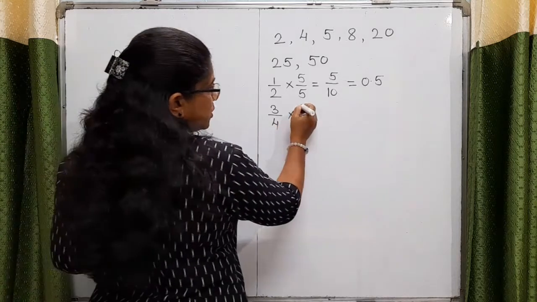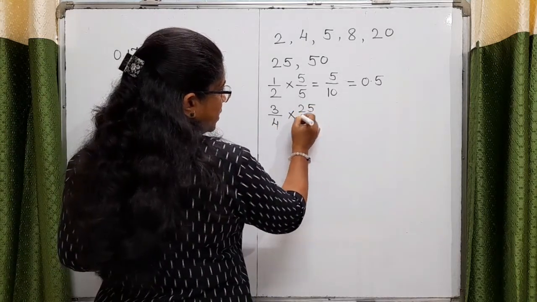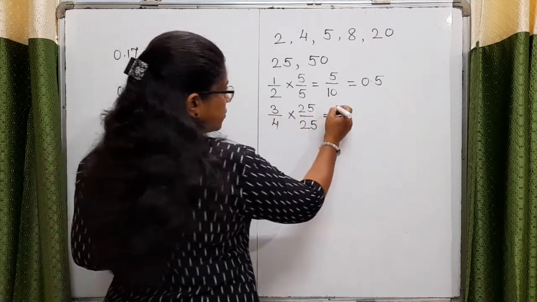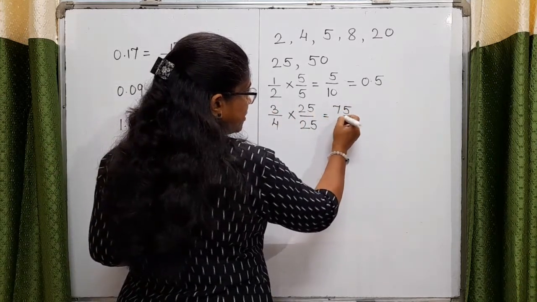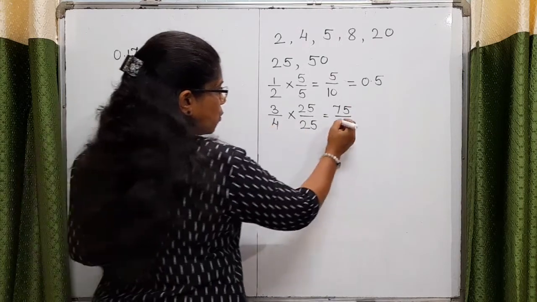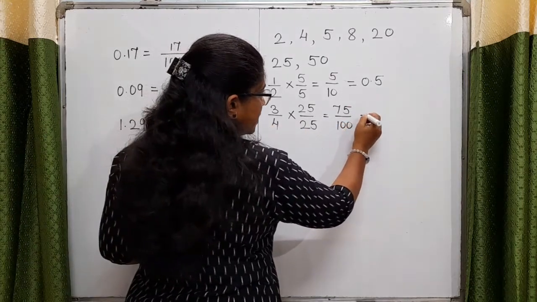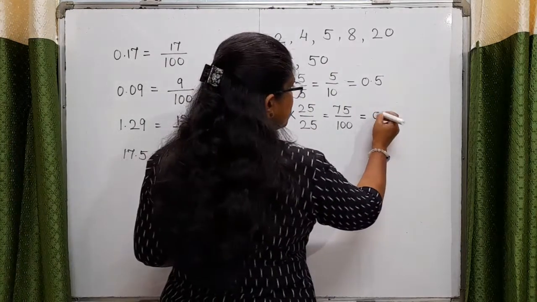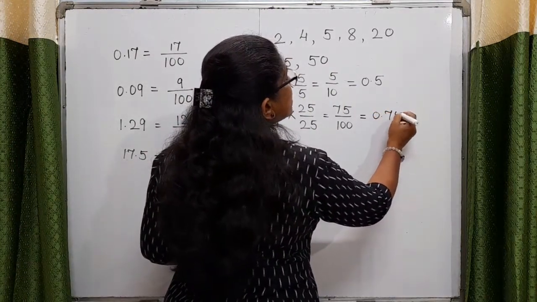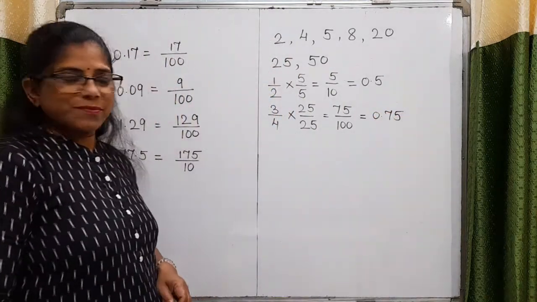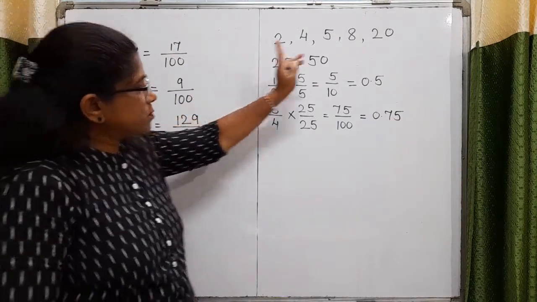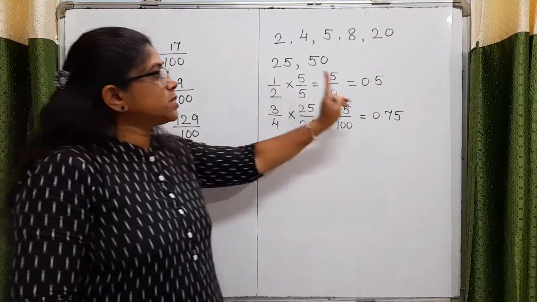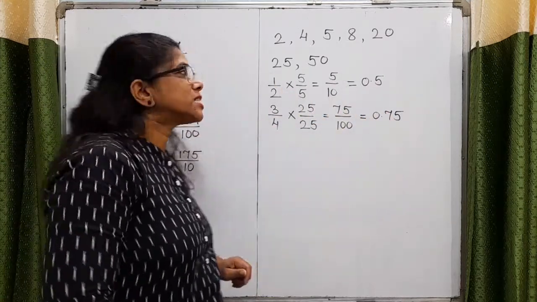So what we have to do here? 25 into 3 is 75. 25 into 4 is 100, and here 75 upon 100. So the decimal form is 0.75. 1 upon 2, decimal form is 0.5. 3 upon 4, decimal form is 0.75.